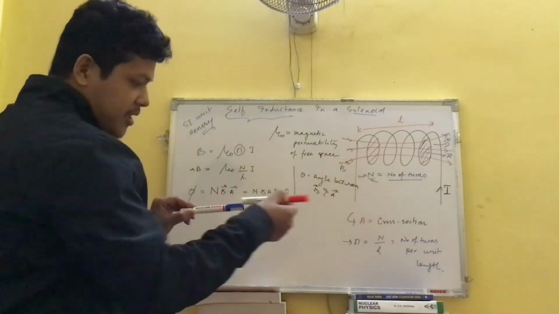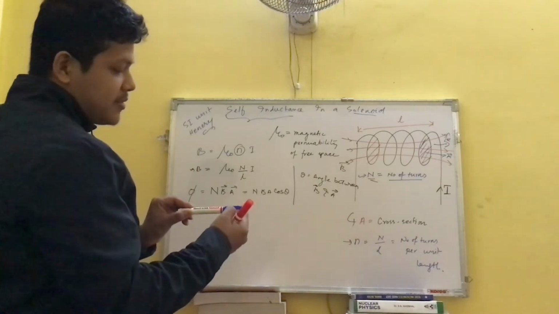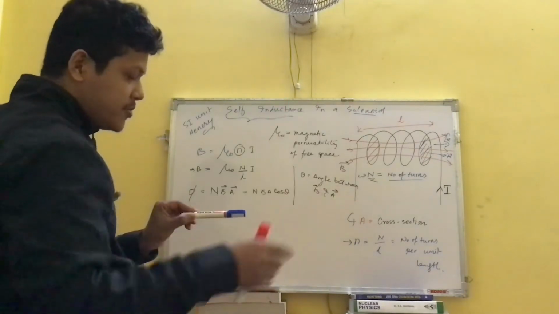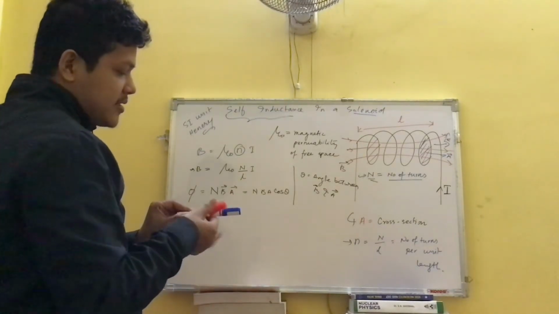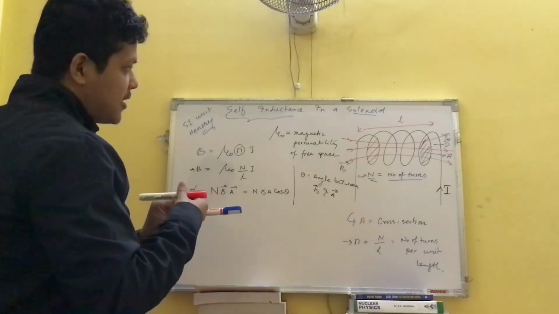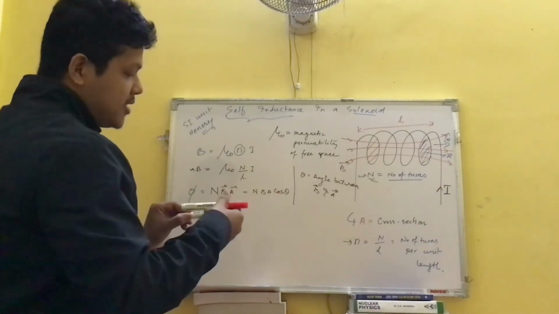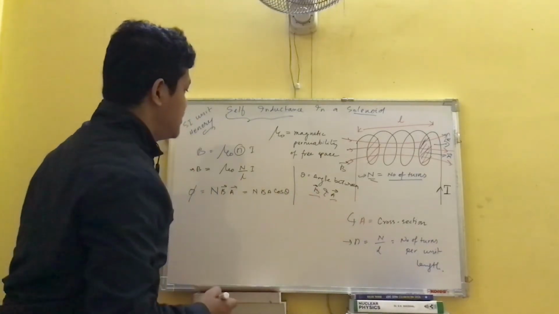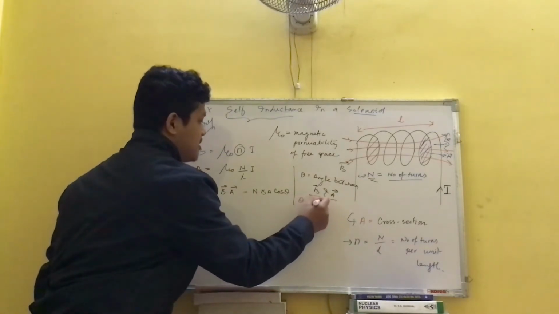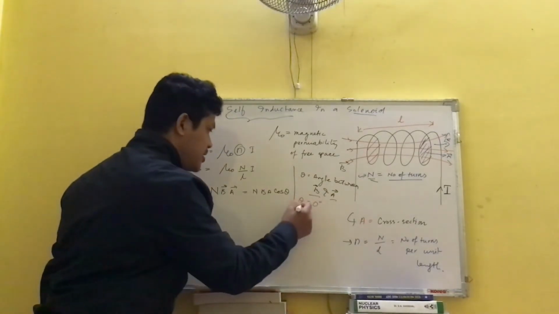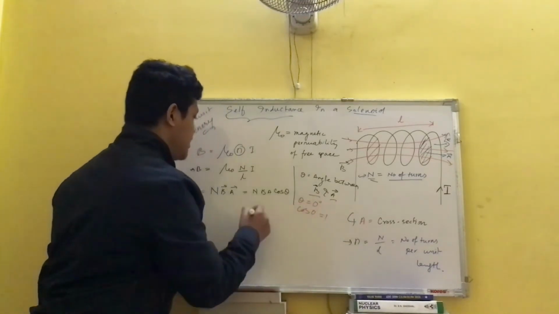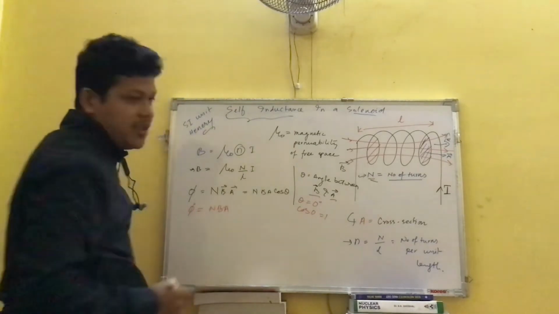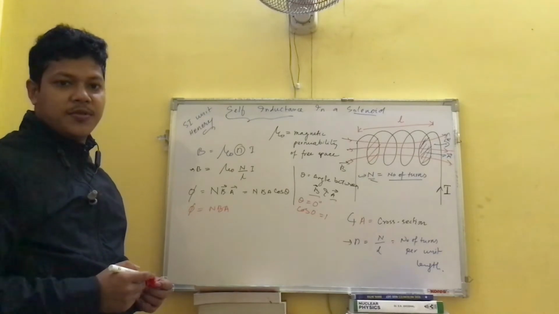If this cross section is facing towards right from your point of view, and the magnetic field lines are going in the same direction, then we can say the angle between area vector and the magnetic field is 0 degree. So theta equal to 0 degree, and cos 0 degree is equal to 1. That's why we can write phi is equal to NBA into 1, that is NBA. Hope you have understood this.